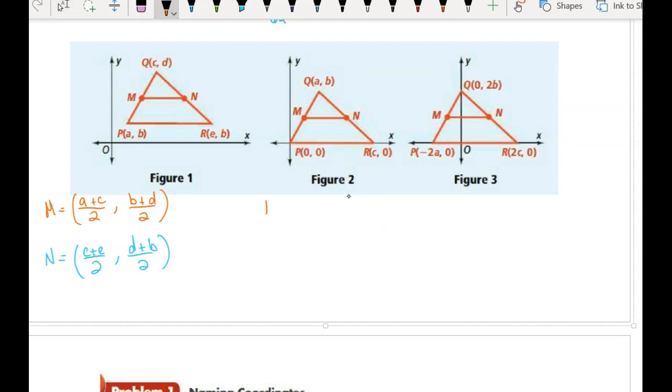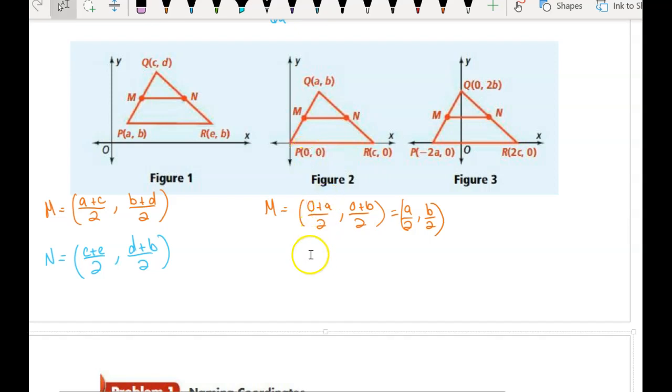So let's take a look at point M. So M is 0 plus A divided by 2, and 0 plus B divided by 2, which simplifies down to A over 2 and B over 2. So those are the coordinates for point M.